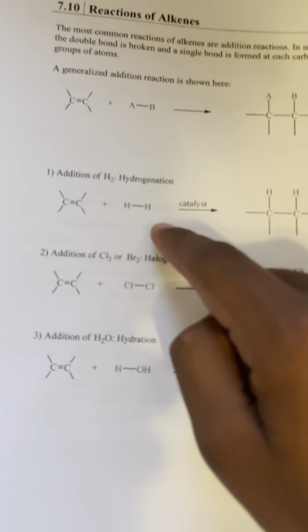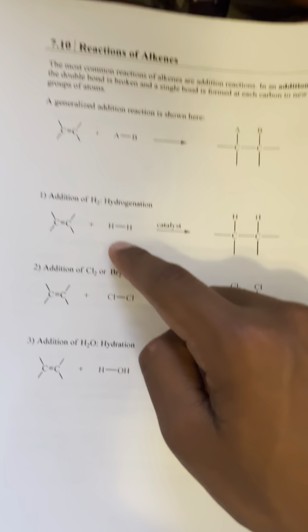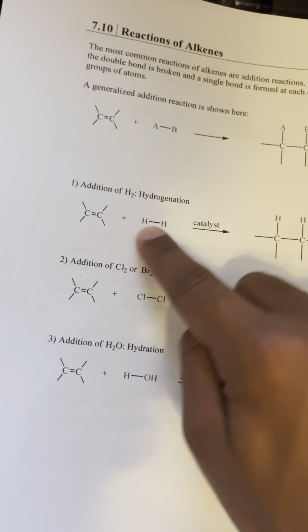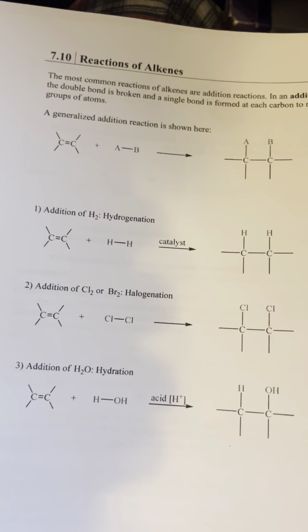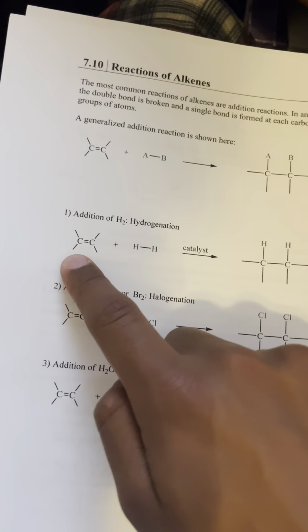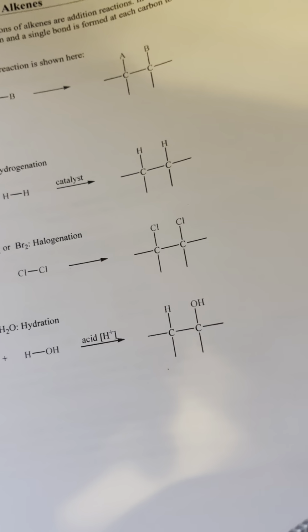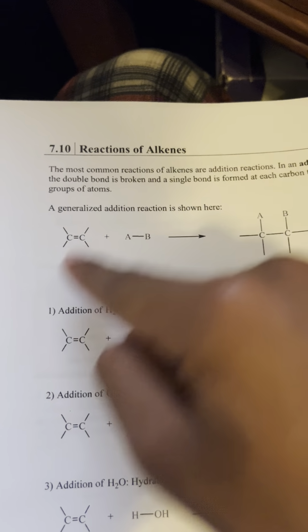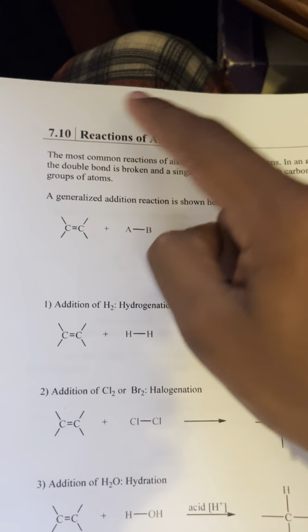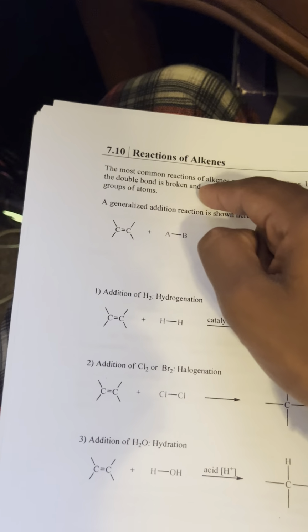We have hydrogenation. Hydrogenation, we're adding hydrogen and we're removing the double bond. These reactions only happen in alkenes where there's double bonds. It's not happening in alkanes with single bonds or alkynes where there's triple bonds, only in alkenes.